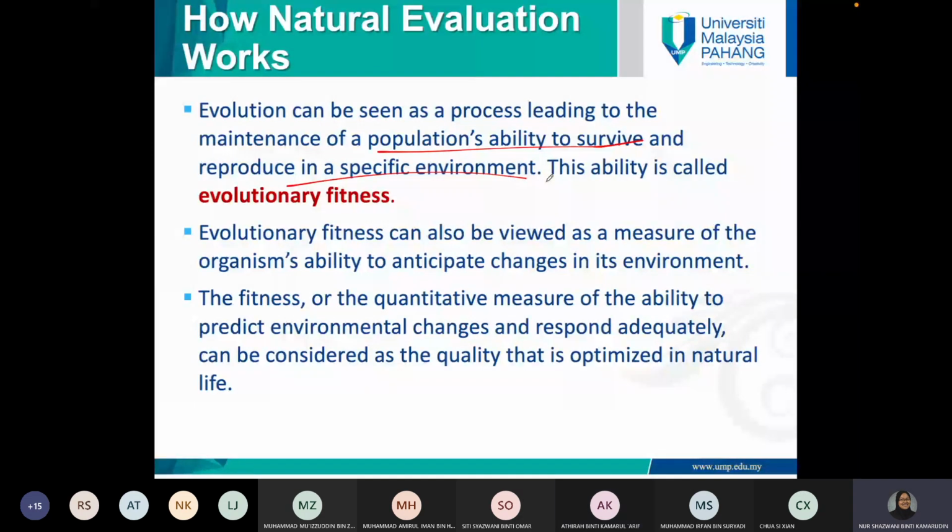This ability we call the evolutionary fitness. So the evolutionary fitness can also be viewed as a measure of the organism's ability to anticipate changes in its environment. Okay, anticipate changes. So the fitness is the quantitative measure of the ability to predict environmental changes and respond adequately.